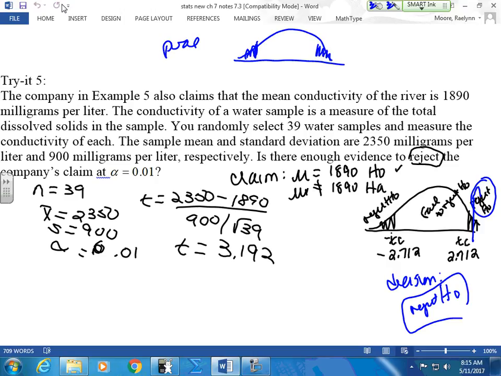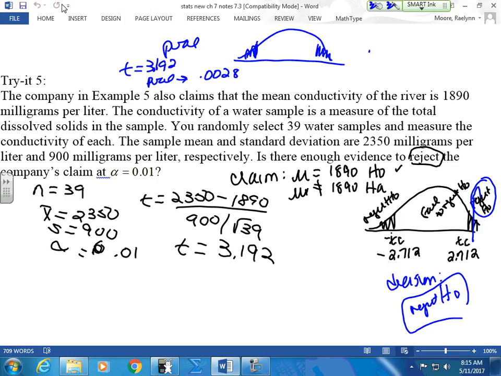I still get my T, but you're going to have to do this one in your calculator to get your p-val. So Devin, what's your p-val? I know you use your calculator. 0.0028. And all you have to do is test this. If the calculator takes care of the two-tail, don't multiply it by 2.